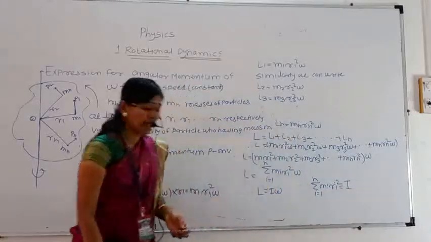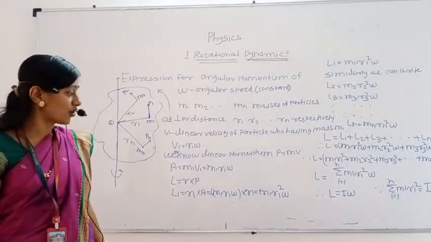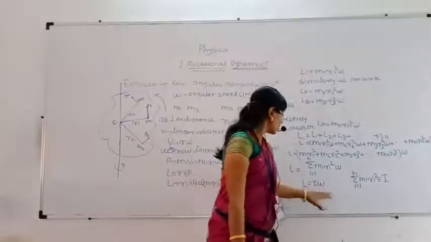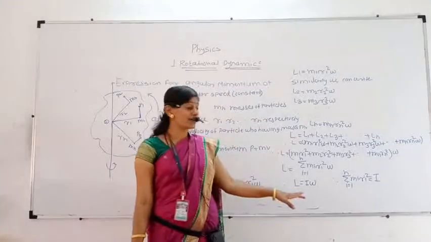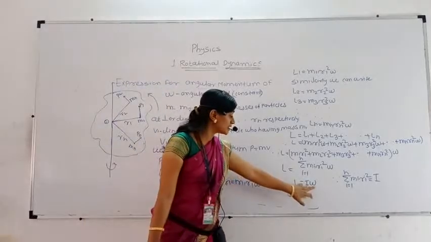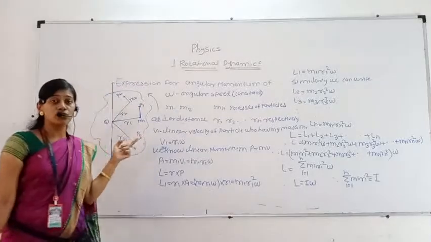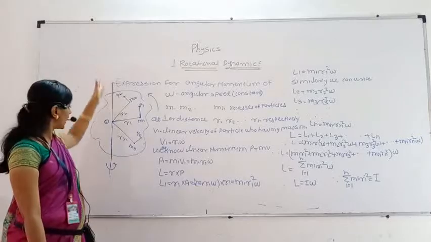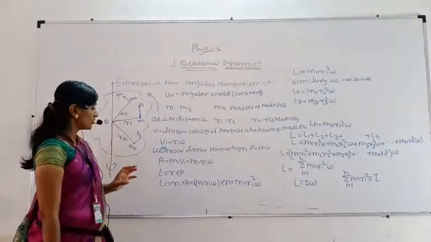So here the angular momentum of a rotating body is nothing but the product of moment of inertia and the angular velocity. Here angular velocity is present, that means the direction of angular momentum is given as the direction of omega by using the right hand rule. It is also in the same direction as omega. The direction of omega is along the axis of rotation. We know the direction of angular displacement and angular velocity is along the axis of rotation. So the direction of the angular momentum is also along the axis of rotation.